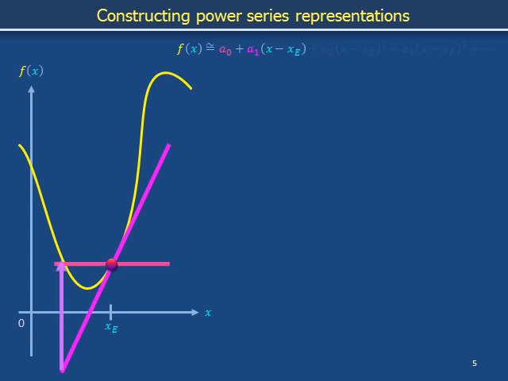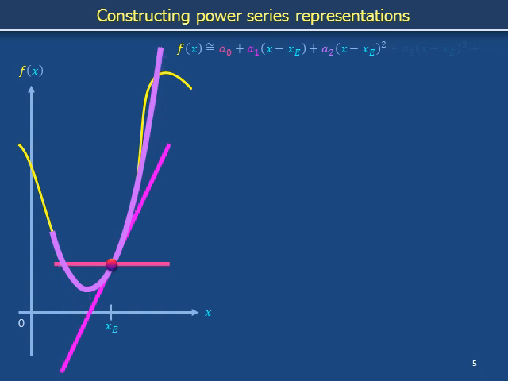To refine our approximation, we now add a quadratic term a2 times the square of x minus x sub e, again with the minus x sub e within the parentheses to ensure that the deviation between the cupped lilac curve and the slanted fuchsia line vanishes at x equals x sub e.